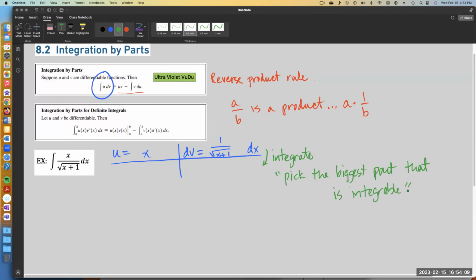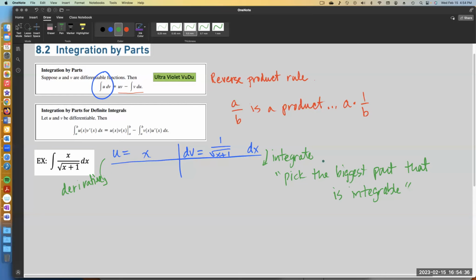All right, so that's kind of the rule of thumb for dv. Pick the biggest part that's integrable. And the rule of thumb over here, where we're going to take a derivative, is a little less solid.